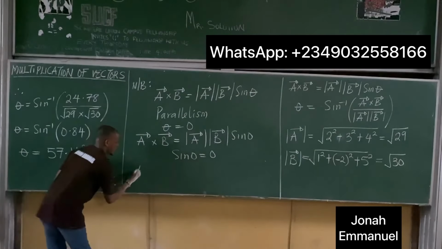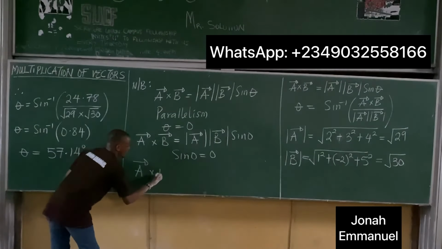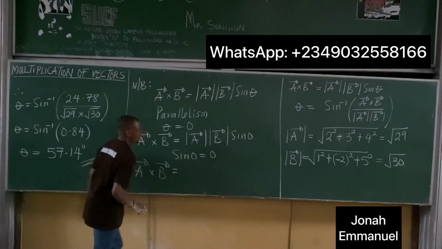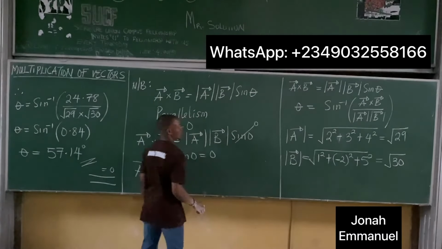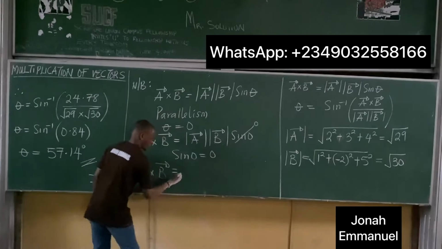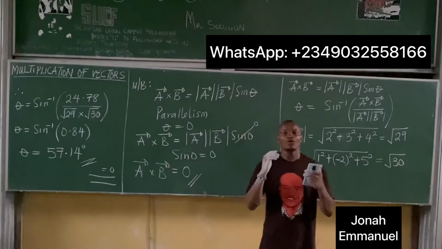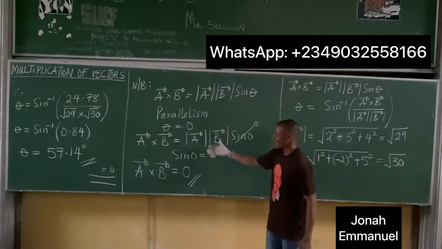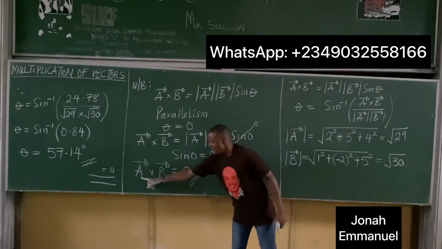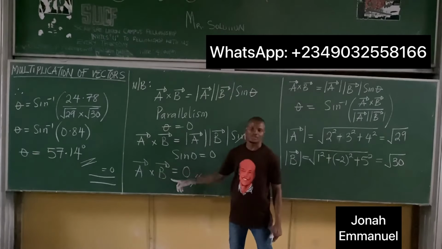So now we have that A cross B is equal to 0, since all of these times 0 gives you 0. So please take note: if they say two vectors are parallel, it means that their vector product or cross product is equal to 0.